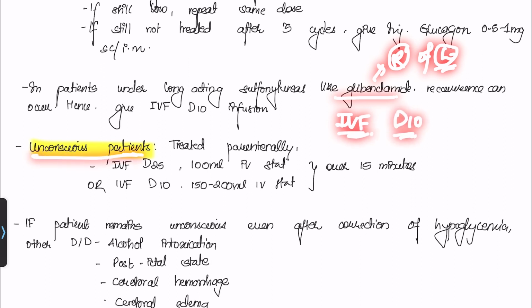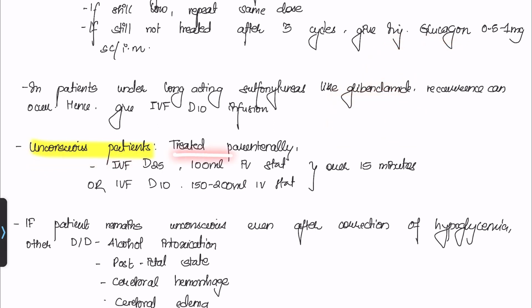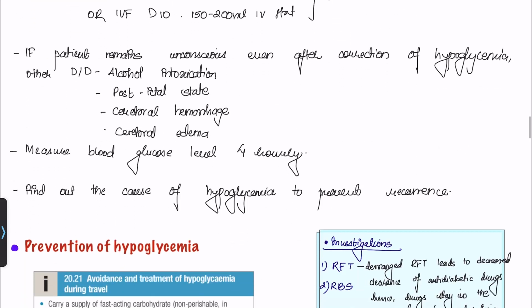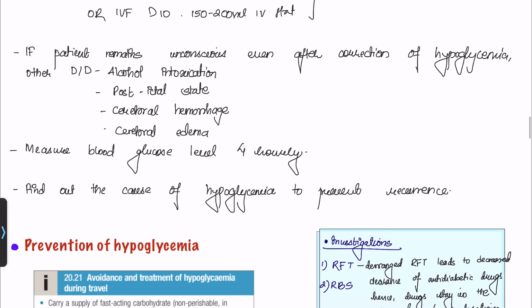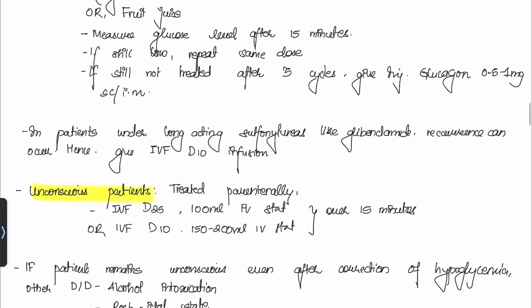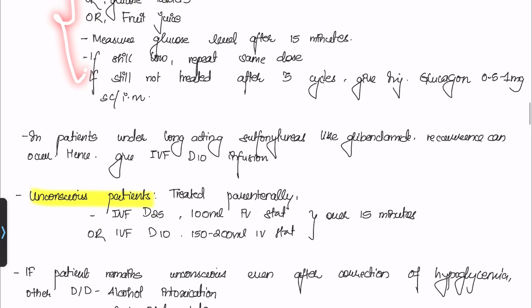But in an unconscious patient, we have to treat parenterally by giving either 25% dextrose 100 ml or 10% dextrose 150 to 200 ml over 15 minutes, and we will measure the blood glucose level after 15 minutes. If the patient becomes conscious, we will repeat the same cycle as in conscious patients.